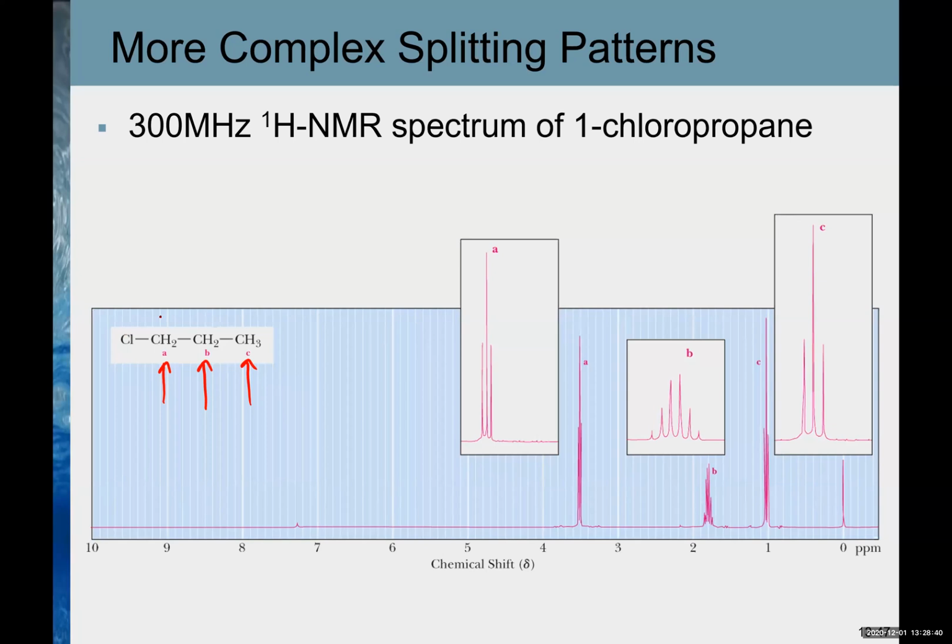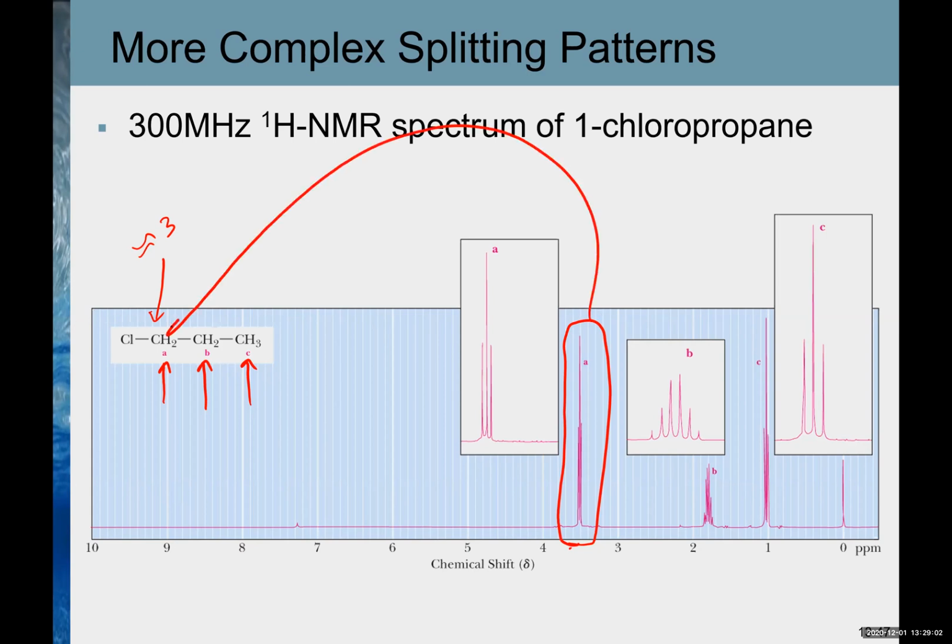And we know that whenever protons are connected to a carbon directly bonded to chlorine, the signal appears at approximately 3 on the delta scale, 3 point something. And if we look at the spectrum, we see a signal at 3.5-ish. So this signal belongs to these 2 protons, right?